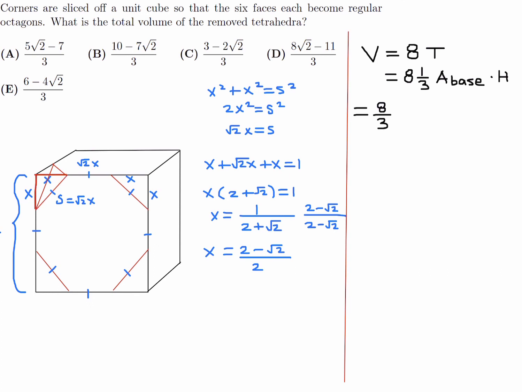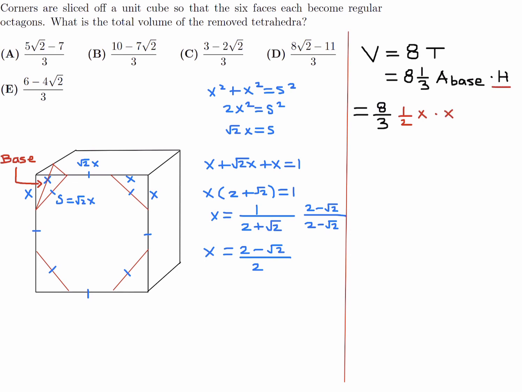This will be my base. All right? So I'll just draw that in there. So my base, if I have to figure out the area, that's pretty straightforward. It's just a triangle where I've got a length of x and a width of x, right? Those are labeled. So it's 1/2 base times height, so 1/2 x times x.